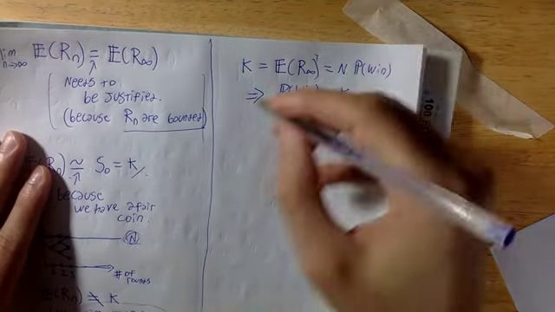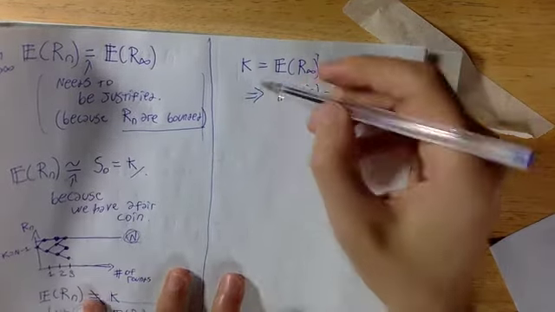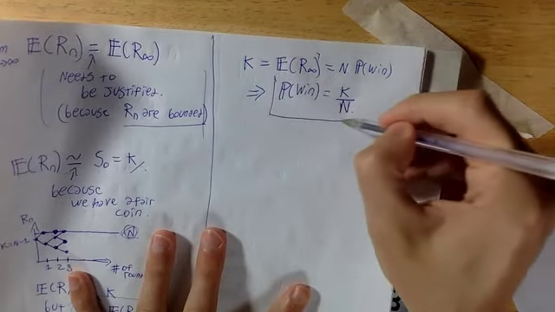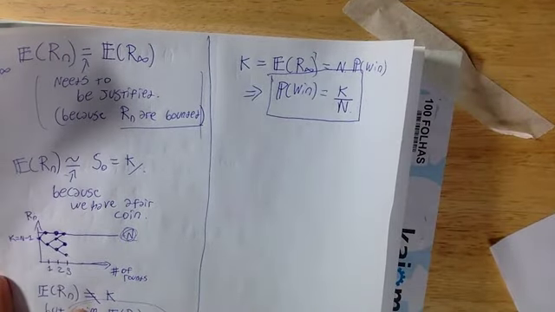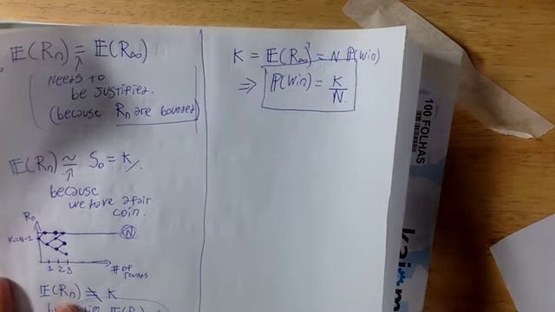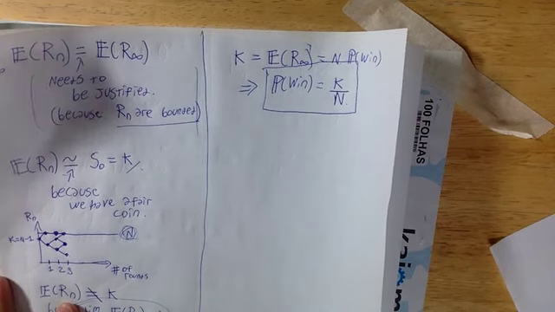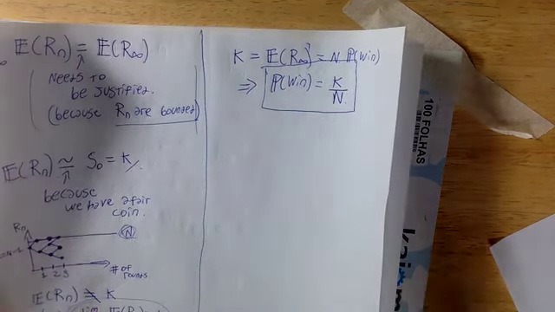Okay, so this is another, more heuristic reason why the probability of winning is k over n, by using just the properties of expectation. The idea of understanding expectation and its properties well is that it can save you a lot of trouble when you're trying to get some idea of what's going on in a specific problem. Okay, thanks.